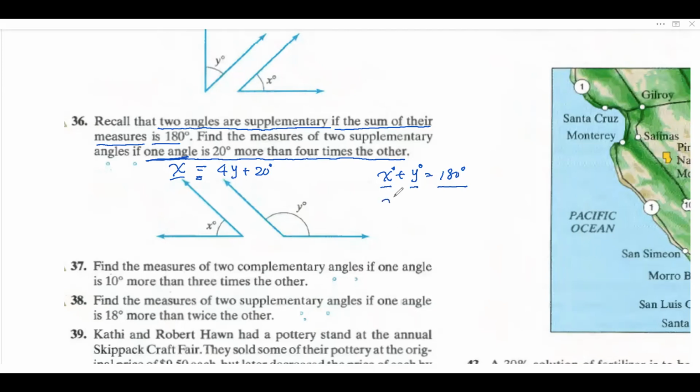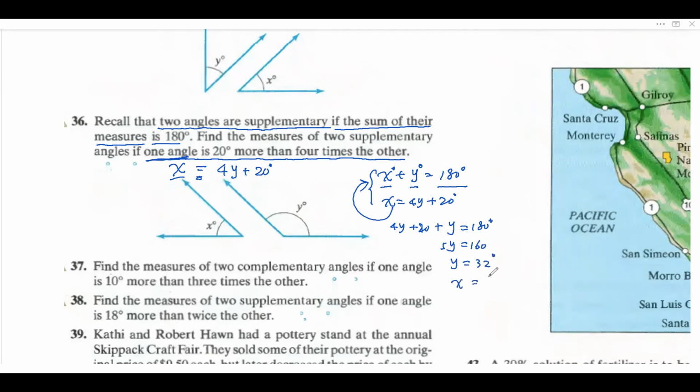So x equals 4y plus 20, right? So you can use the substitution method. You get 4y plus 20 plus y equal 180, right? So 5y equals 160. Y equals what? 32, right?